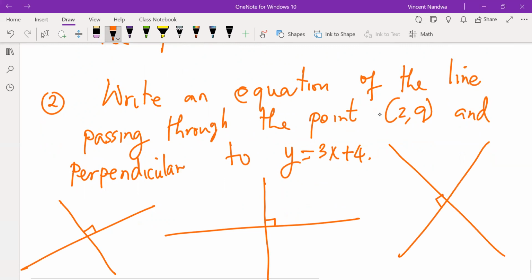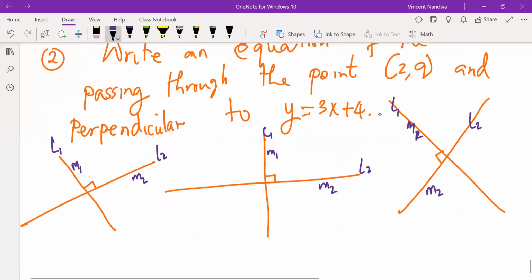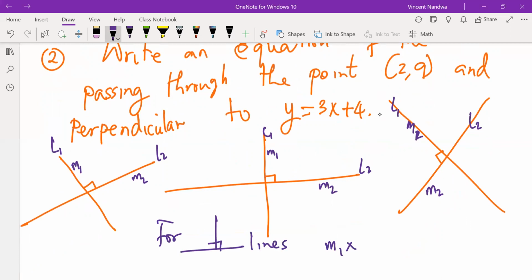So given that, say, this one is line 1 with gradient m1, and line 2 has gradient m2, then for perpendicular lines, m1 times m2 is -1. So this is a condition.